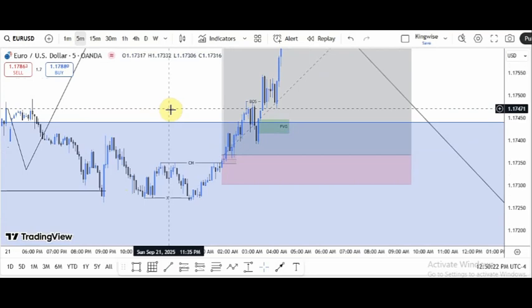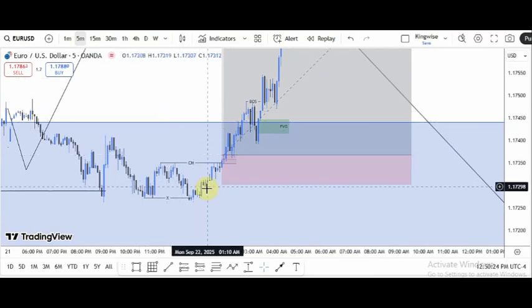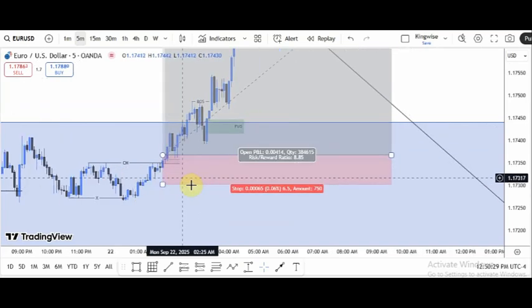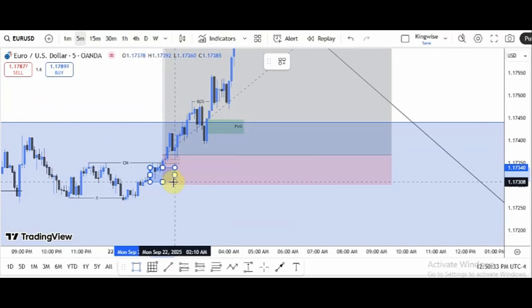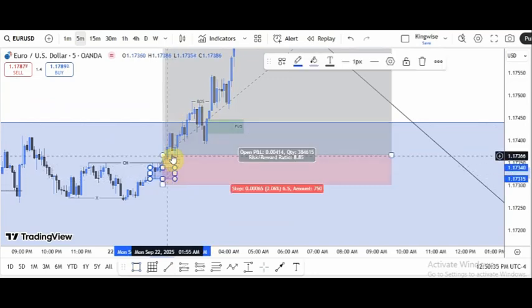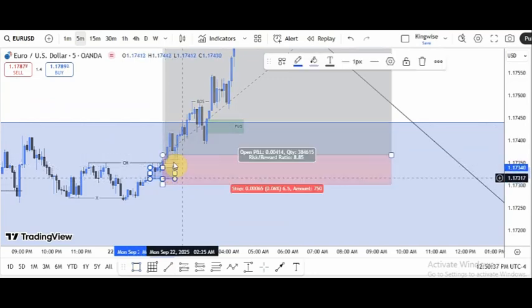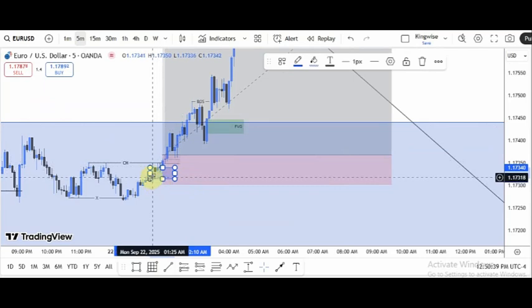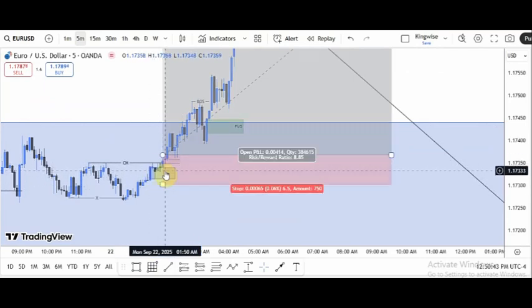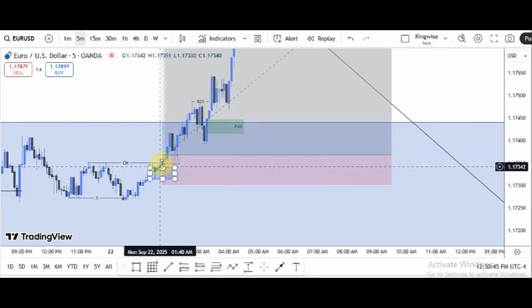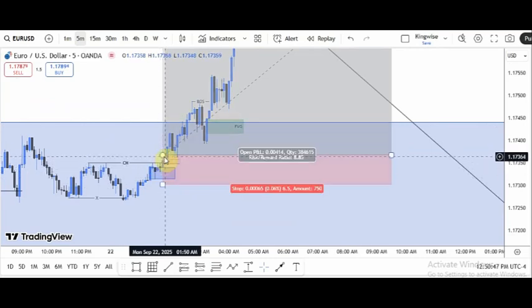The moment I saw that change of character, I was looking for an area that price would want to return back to. This is a demand here. This is a demand here. Okay? And this is another demand here. And that was where I saw that this demand was already mitigated by price, by other candlesticks, and price moved.